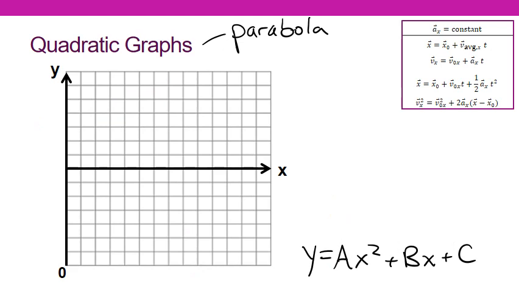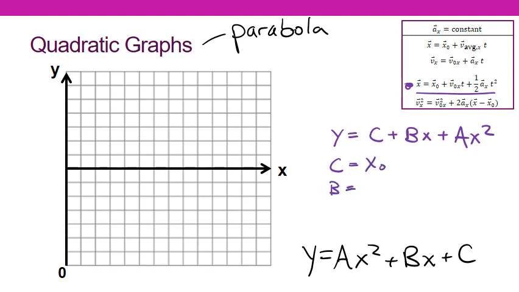So how might parabolas appear in our kinematic equations? Well, if we look at this third equation, this one, we can see that it's given in the form y equals c plus bx plus ax squared, where c is my initial position, b is my initial velocity, and a is my acceleration divided by 2.